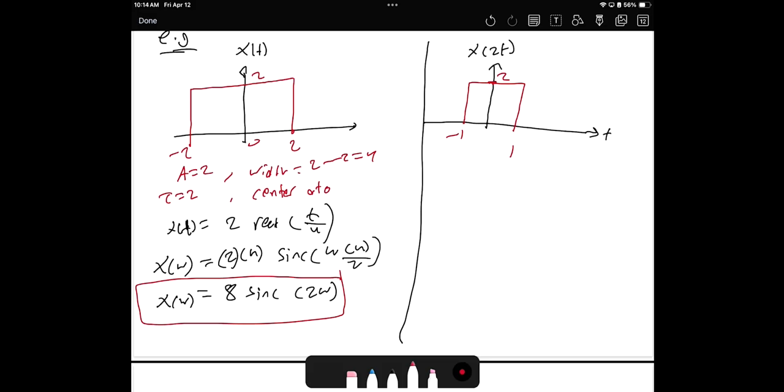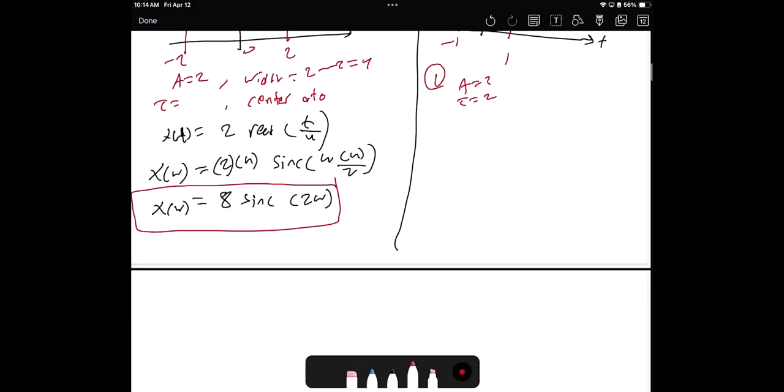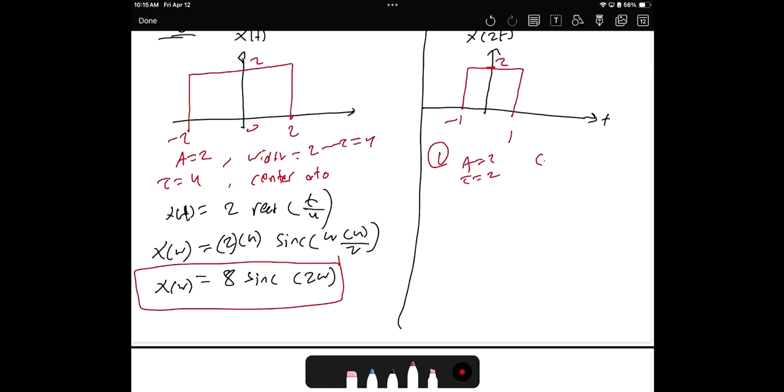How can we do the Fourier transform? We have method number 1, by calculating the width. So the width here is 2, tau equals 2, centered at zero.